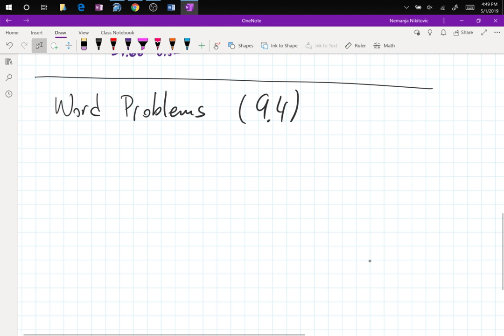According to the Bureau of Crime Statistics and Research of Australia, the mean length of imprisonment for motor vehicle theft offenders in Australia is 16.7 months. So we are now in problem 9.87, in 9.4, which are the word problems for 9.2 and 9.3.